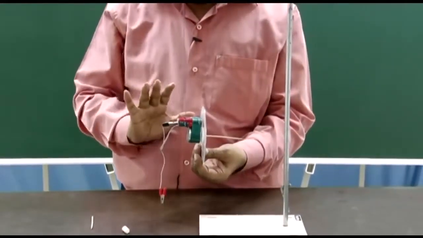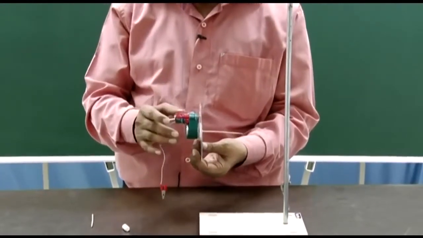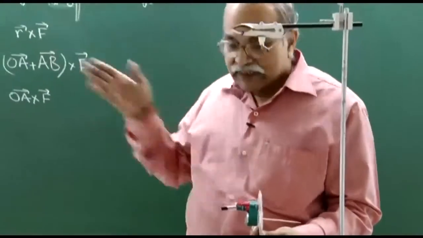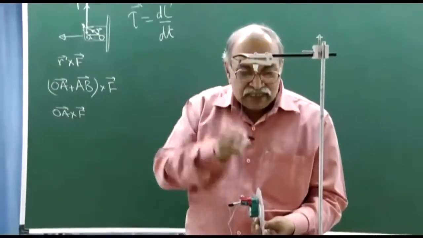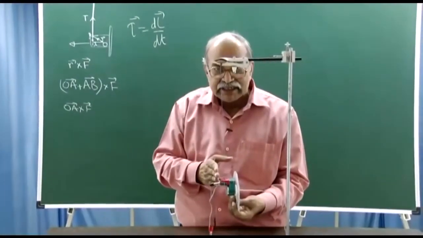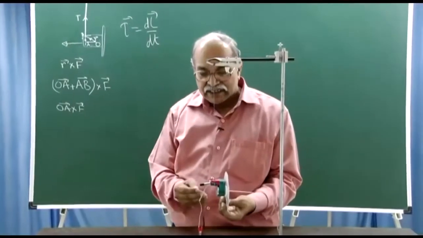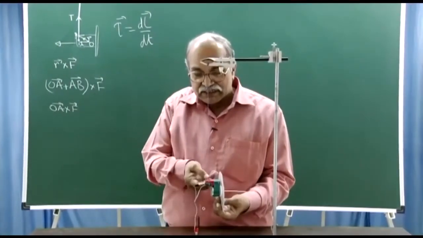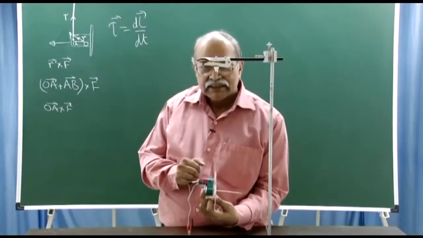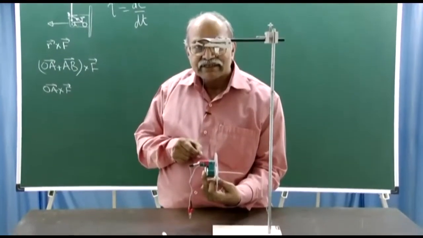Once again, the situation as far as the torque calculation is concerned is the same as that shown on the board. When the CD is here, motor is here, battery is here, the torque is just like that, and the torque direction will be towards me. If this is the torque direction, the angular momentum change will be produced in this direction.